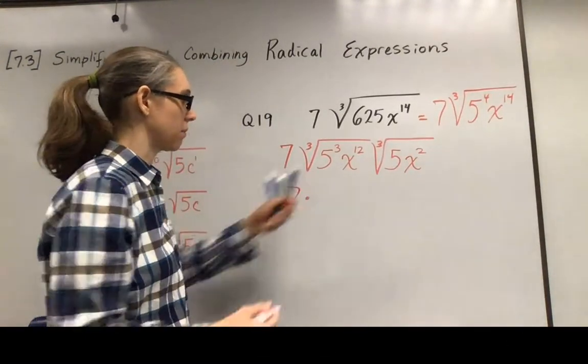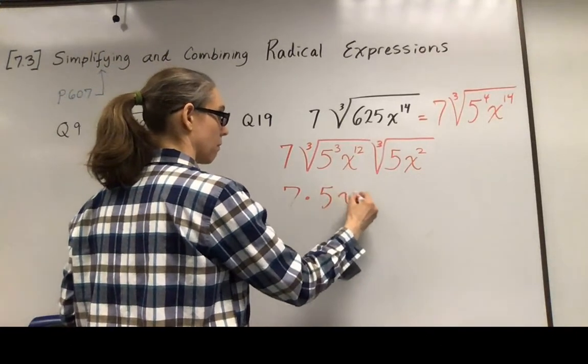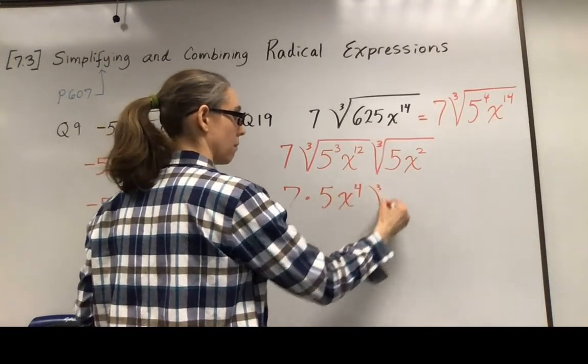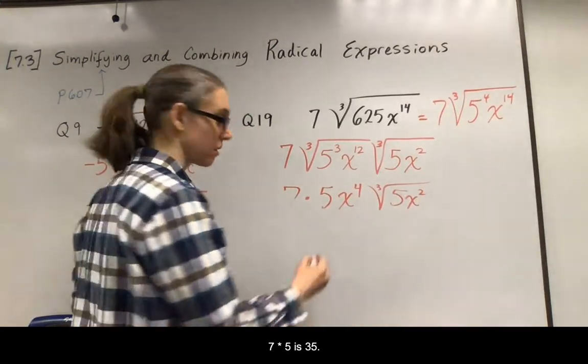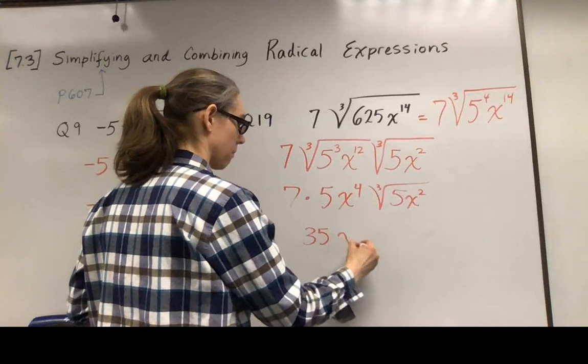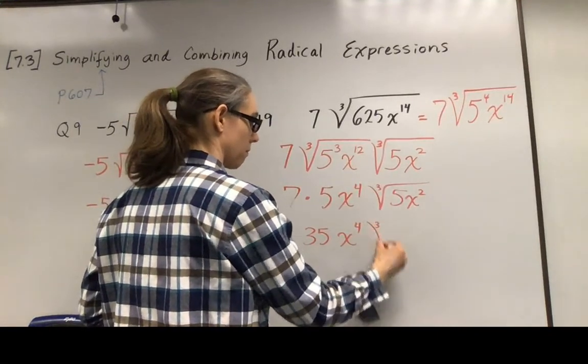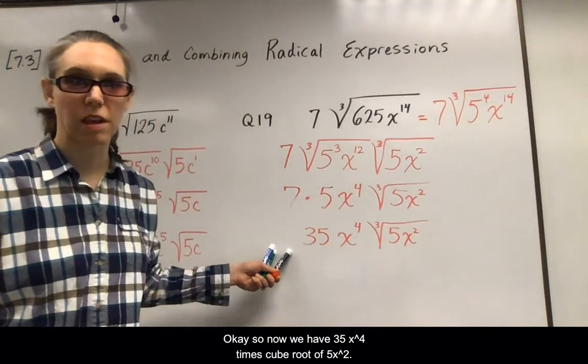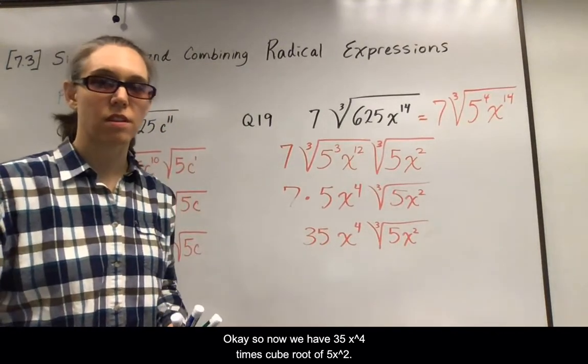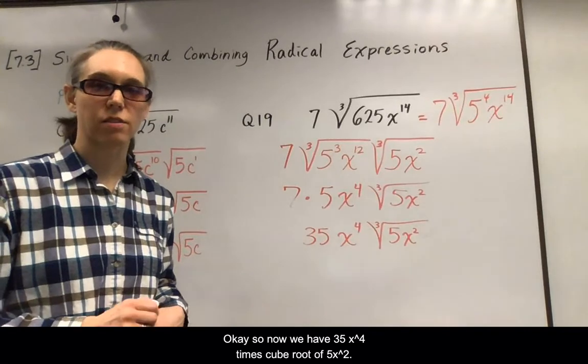Now we simplify. Seven times 5 is 35. Okay, so now we have 35x to the 4th times the cube root of 5x squared.